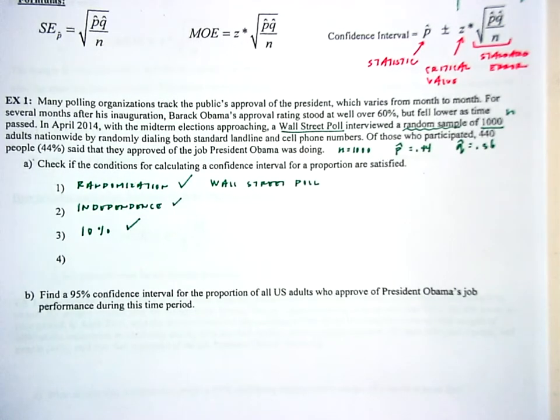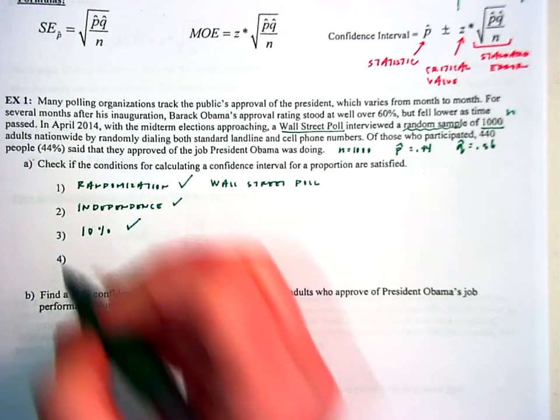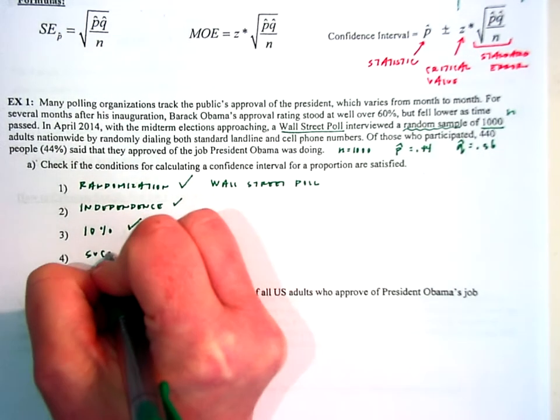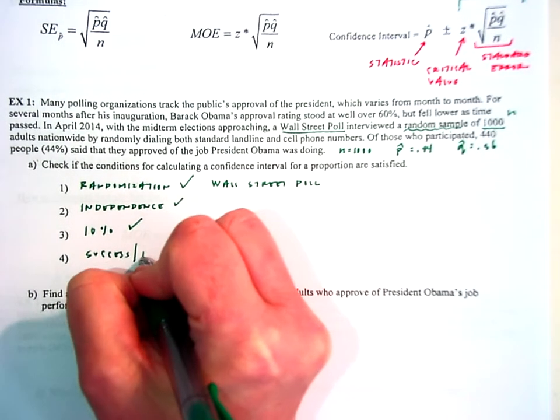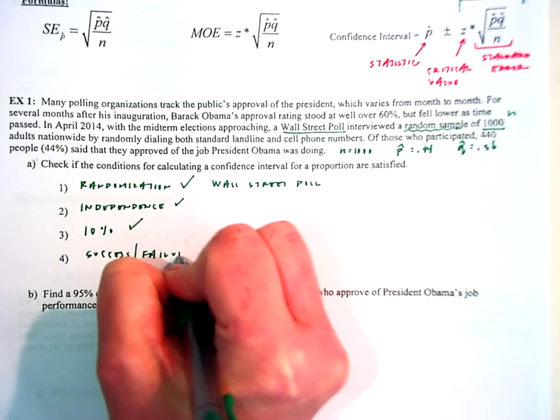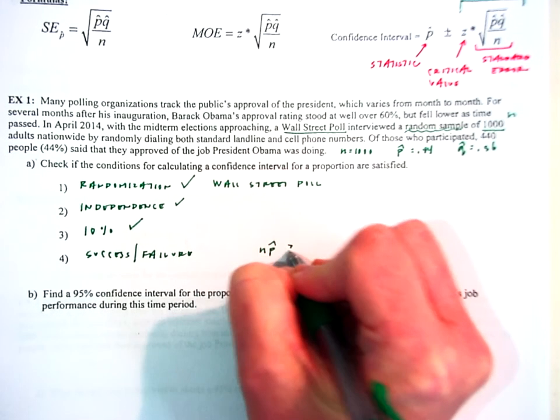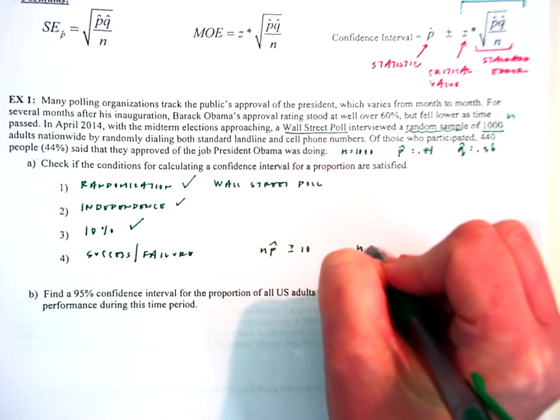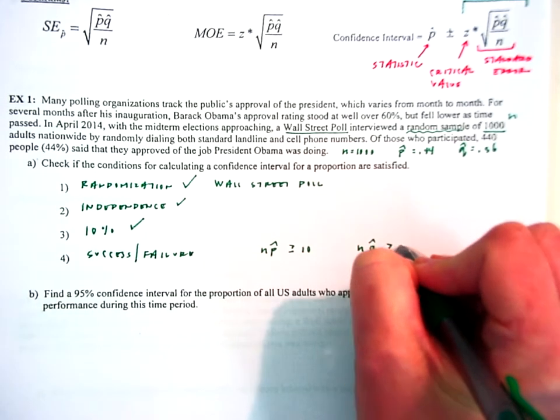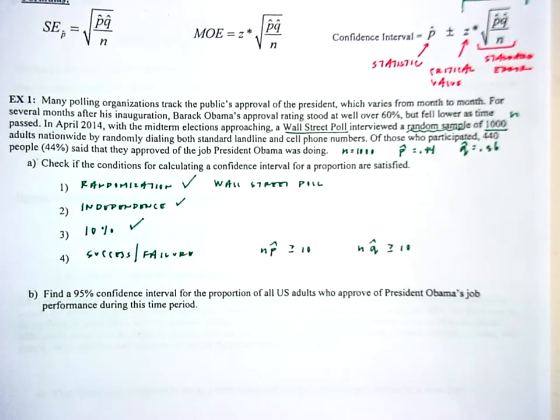And then, but are we big enough? Do we have at least 10 successes, at least 10 failures? So I'm checking my success and failure criteria. So N times p-hat has to be greater than or equal to 10. N times q-hat also has to be greater than or equal to 10.